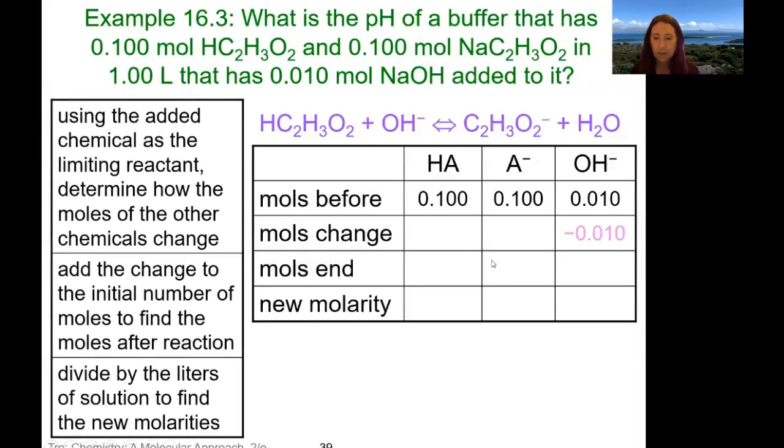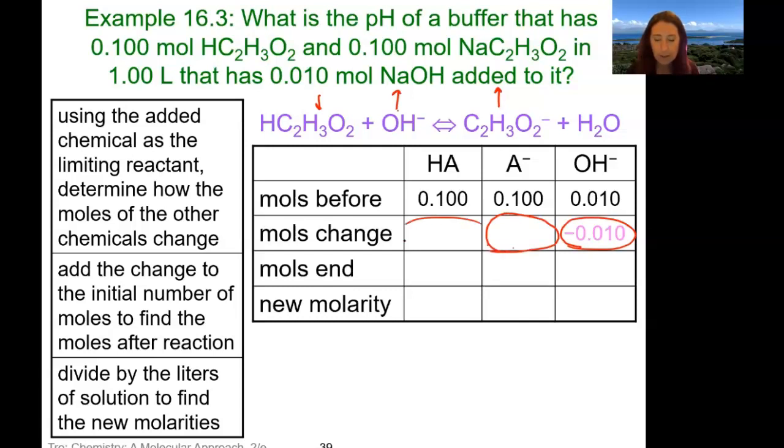Okay, so OH decreased. We added this, which means it's going to react with this, and this is going to go up. So I'm trying to do this slow. This is the amount that went down. This went up by that amount.